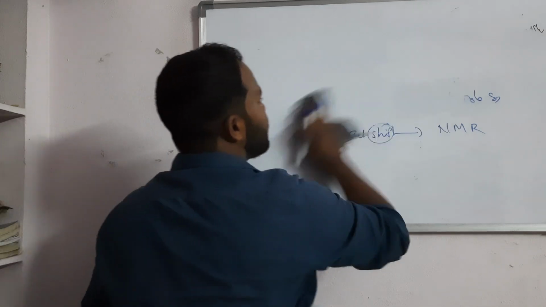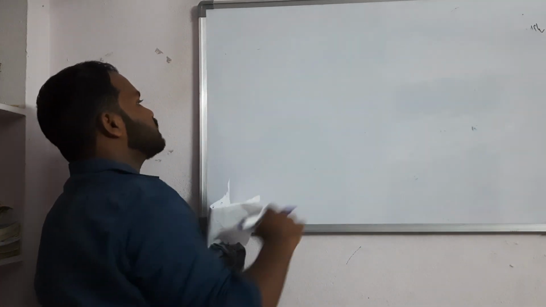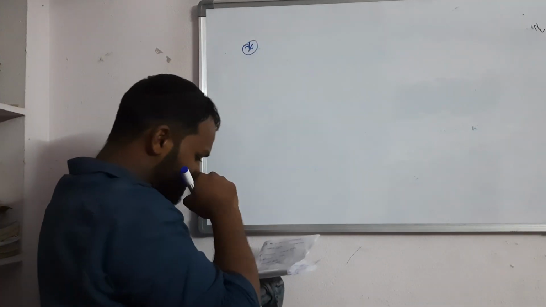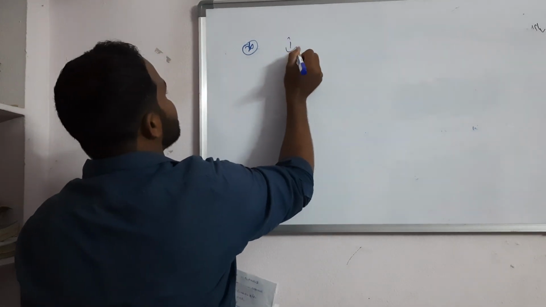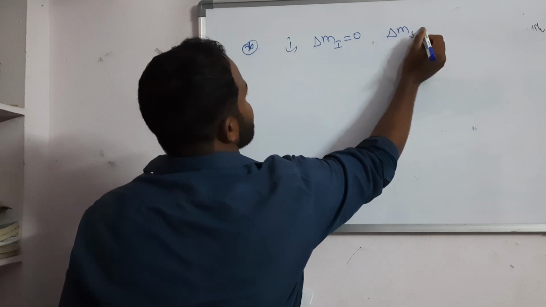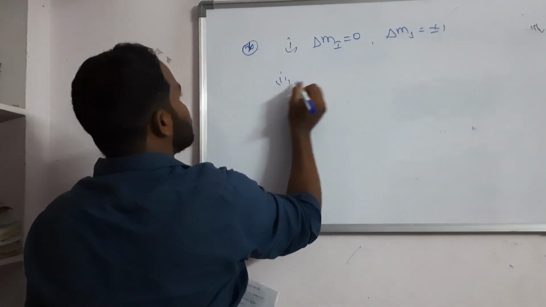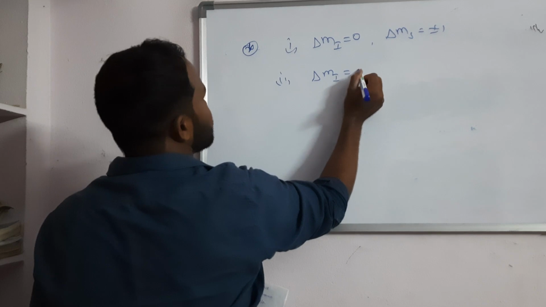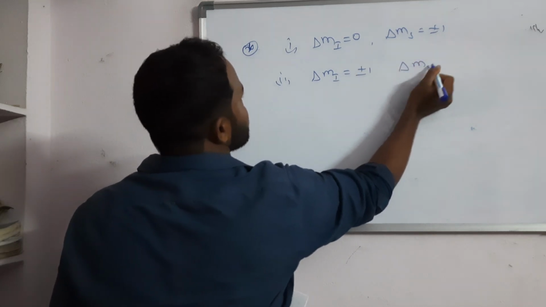Next, from EPR, one question from ESR they asked, with statements. First statement: delta Mi is equal to 0 and delta Ms is equal to plus or minus 1. Second statement: delta Mi is equal to plus or minus 1 and delta Ms is equal to 0.